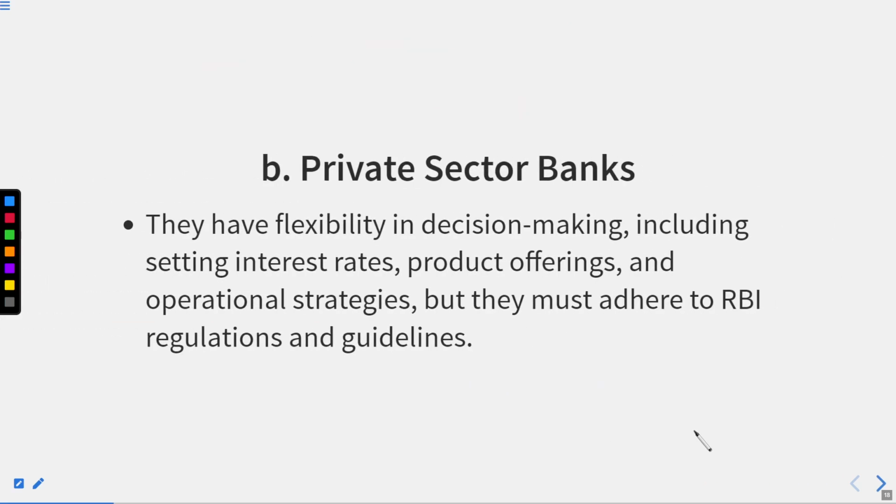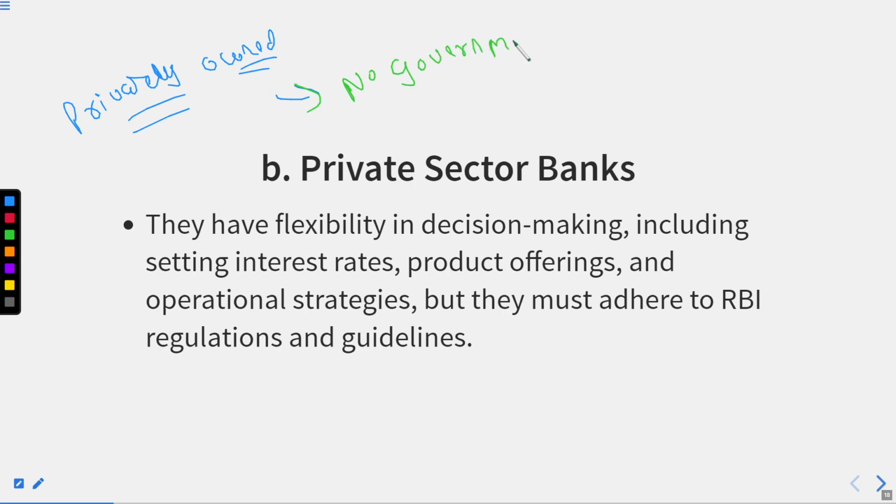They have flexibility in decision making, including setting interest rates, product offerings, and operation strategies, but they must adhere to RBI regulations and guidelines. Because they are privately owned, there is no government intervention, you can say.